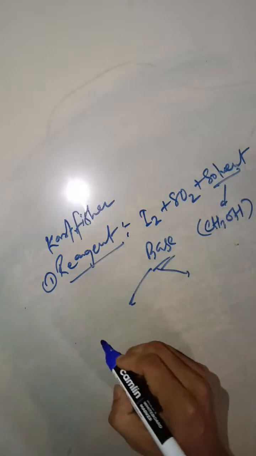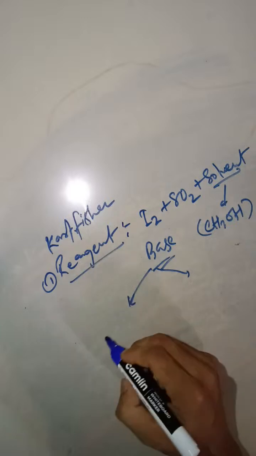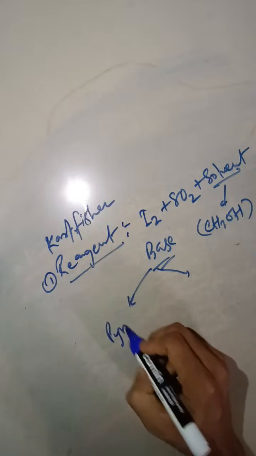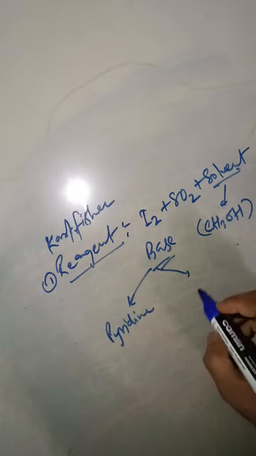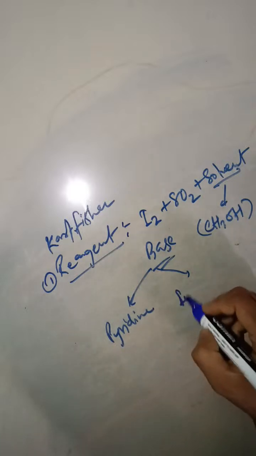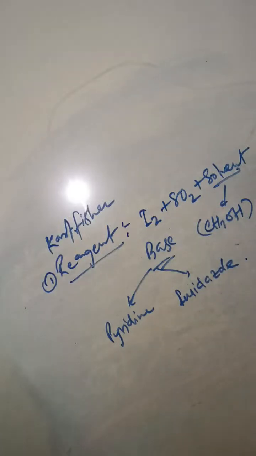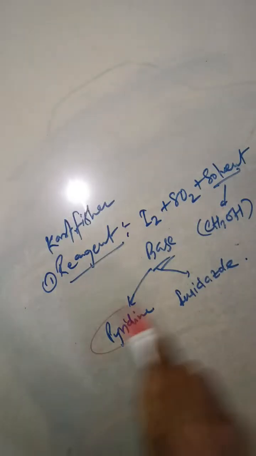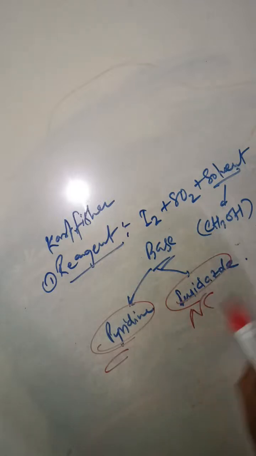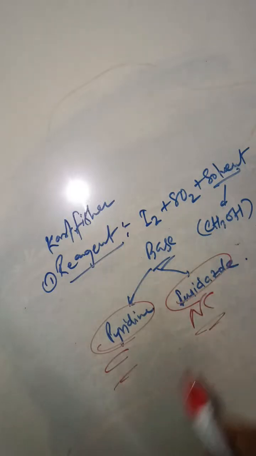One is carcinogenic, that is pyridine, and the other is non-carcinogenic, that is imidazole. That's most important. NC means non-carcinogenic, C means carcinogenic.